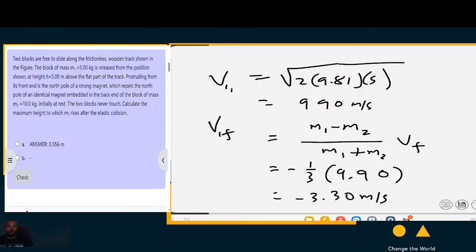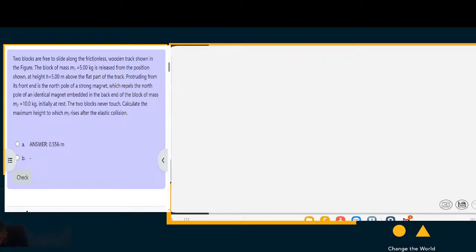Now, we know the speed of this block just after the collision, and you want to know how high it goes after the collision. So we know the potential height, it's H max.